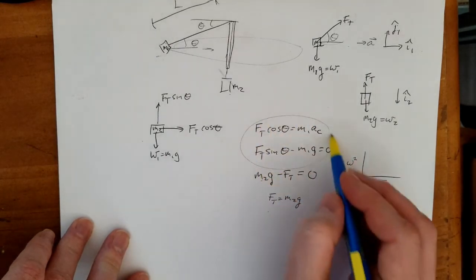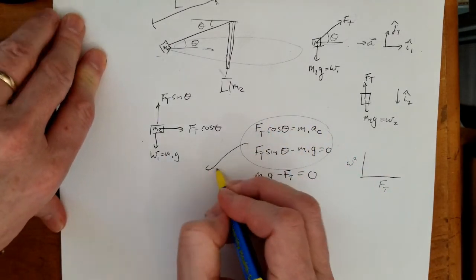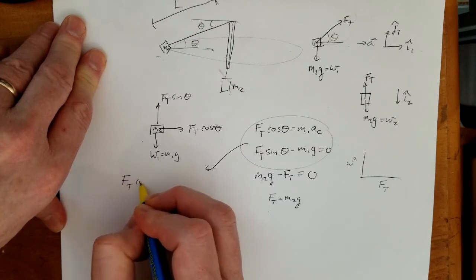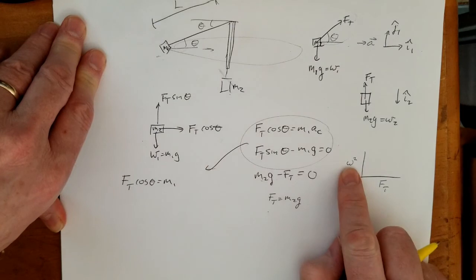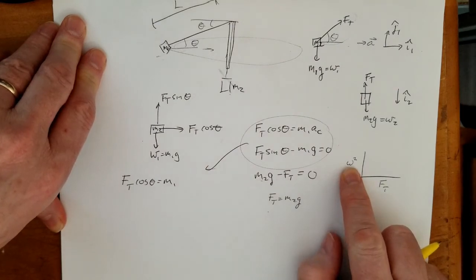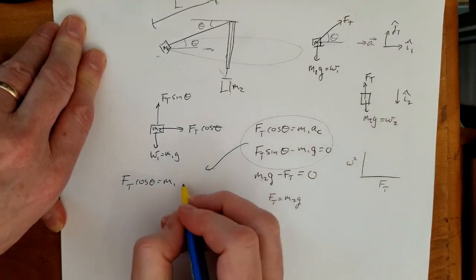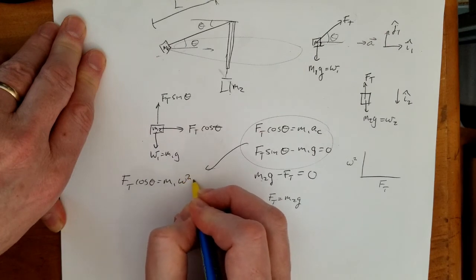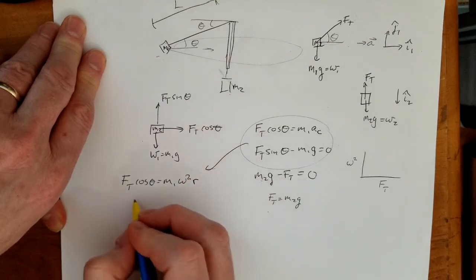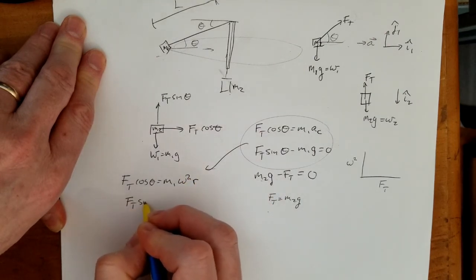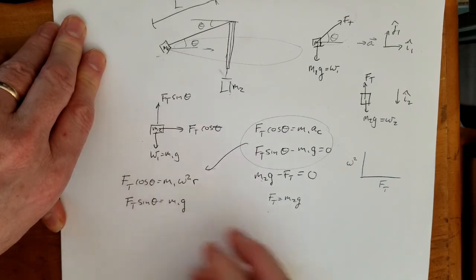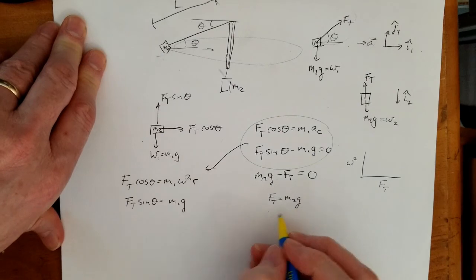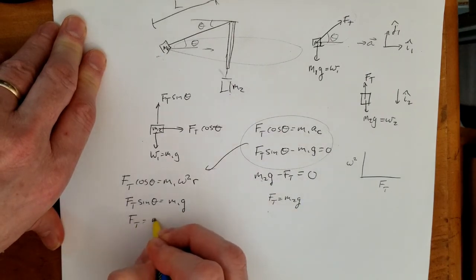Looking at these equations right here, when we do substitution, I have Ft cosine theta equal to m1, and because I'm plotting omega squared, and this is something you will see as you read the lab, this becomes m1 omega squared r. And then I have Ft sine theta equals m1g and m2g. And Ft equals m2g.